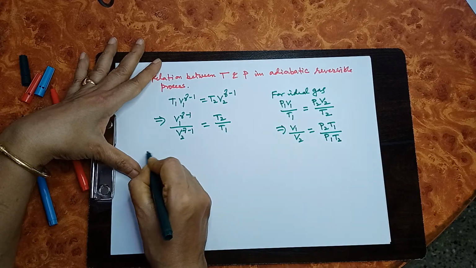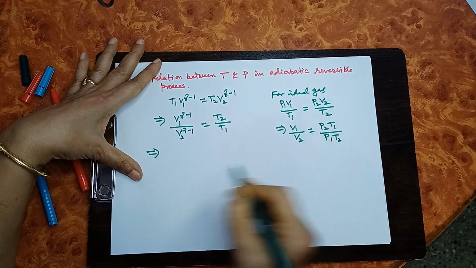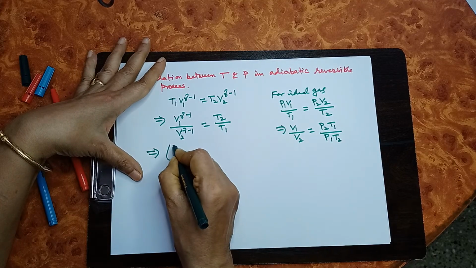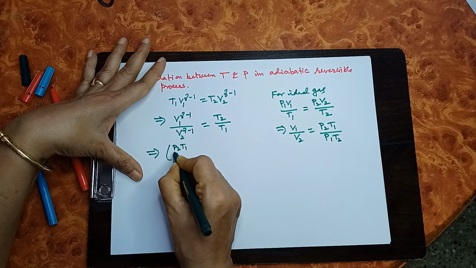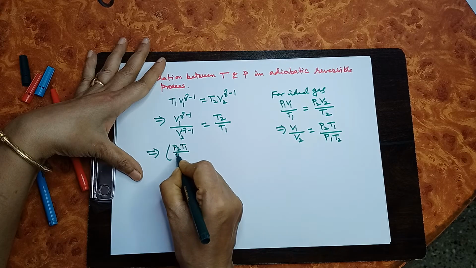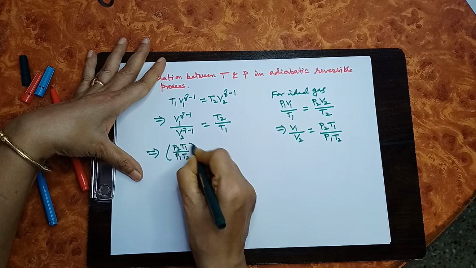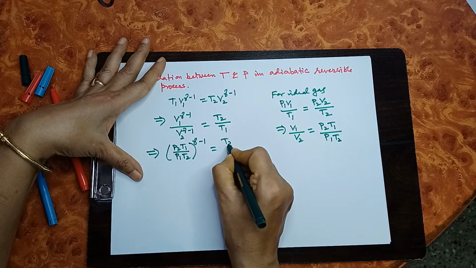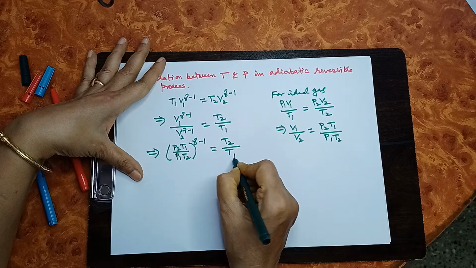So in place of V1 by V2, I'll write P2 T1 divided by P1 T2, to the power gamma minus 1, is equal to T2 by T1.